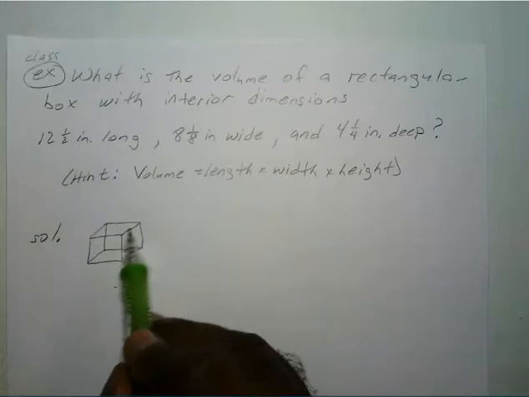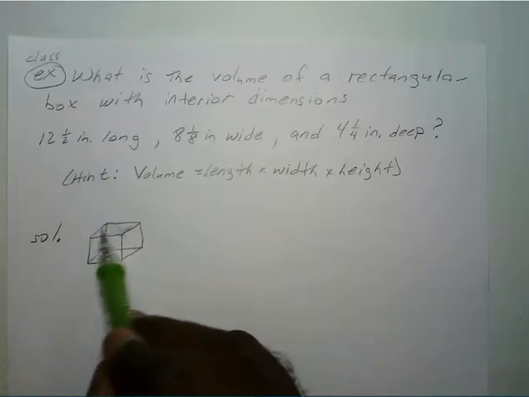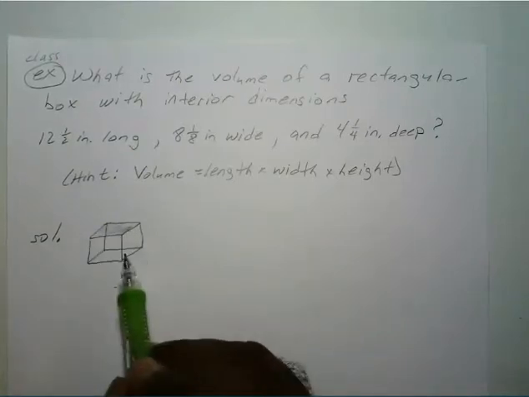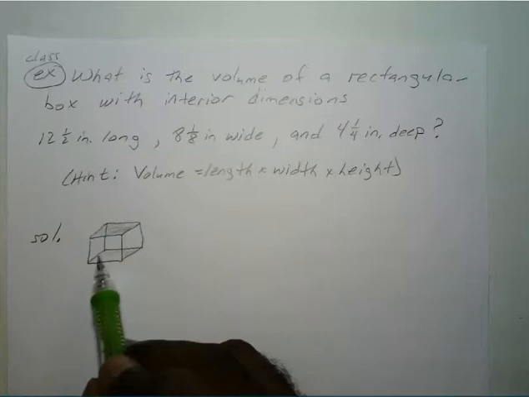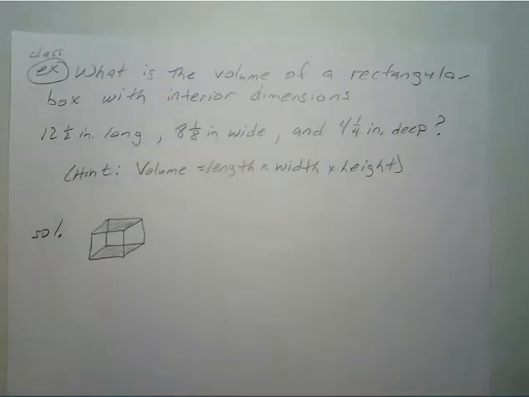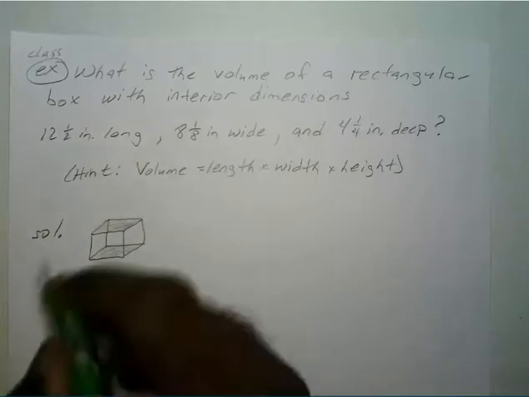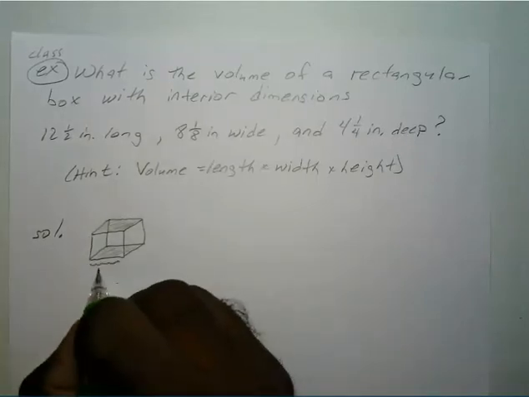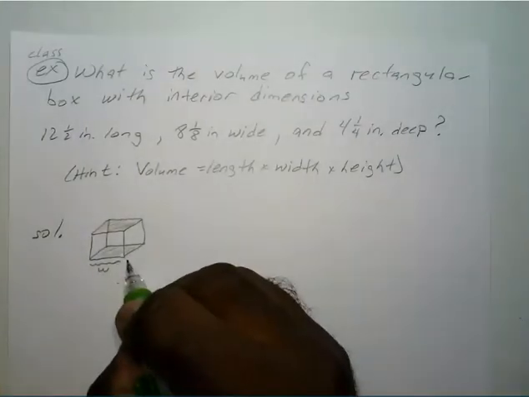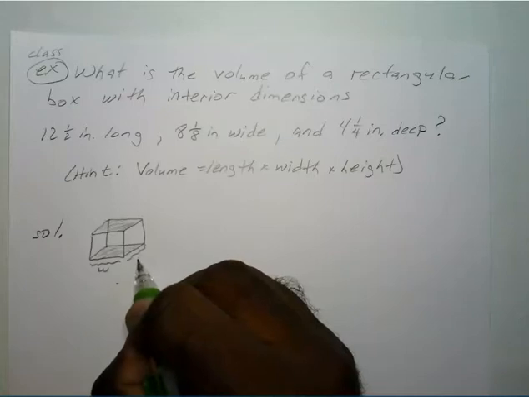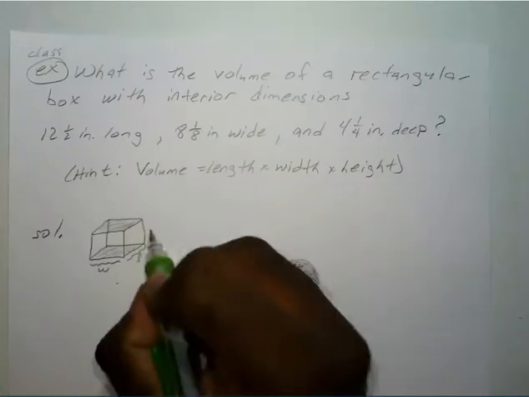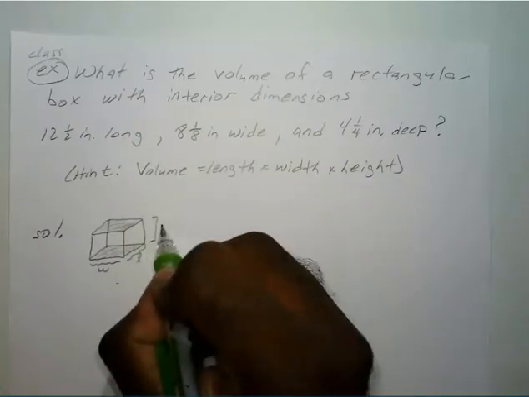Not bad. I've done worse. We'll say that's the top, and shade in the bottom there. There we go. So we have our width, and we have our length, and we have our height.